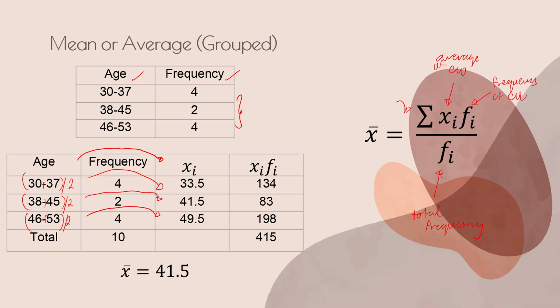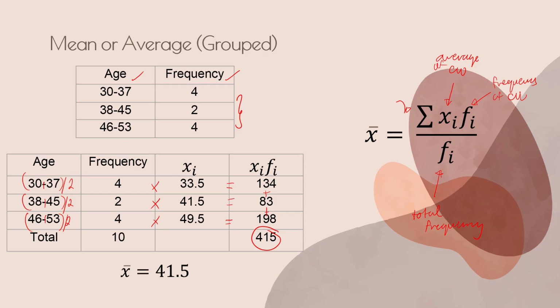And then next is to multiply our frequency with our x sub i. Simply multiply, and then you get your x sub i f sub i. Simply add all of these observations and you get 415.